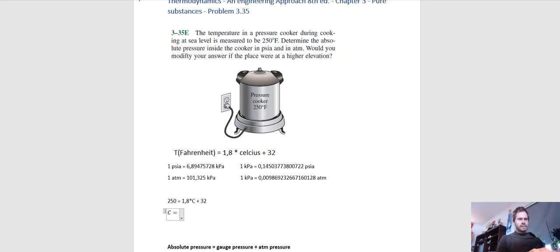C equals 250 minus 32, and then you divide this by 1.8. Then you will find the temperature in Celsius.